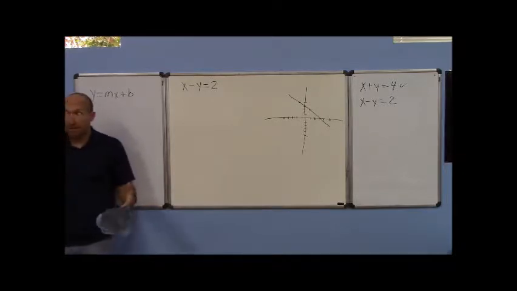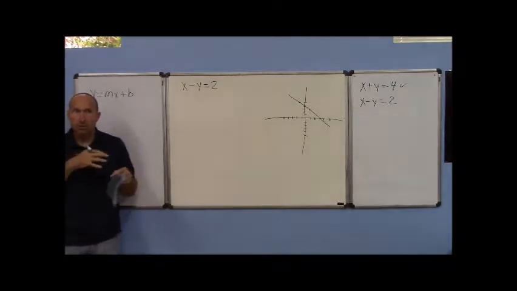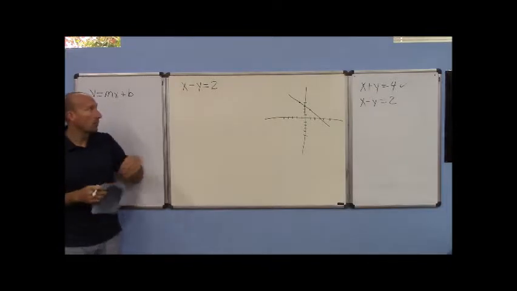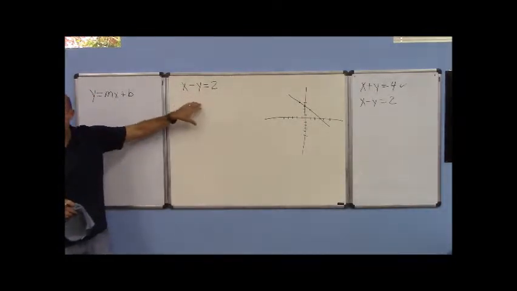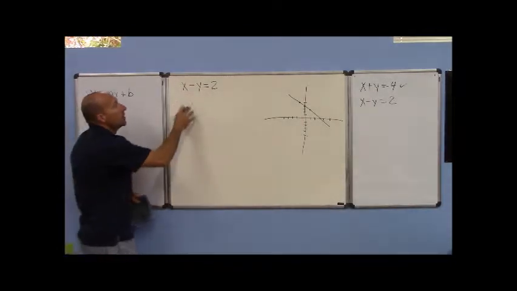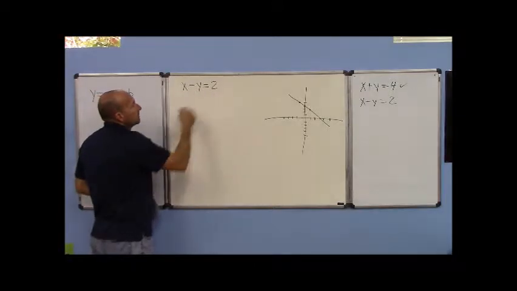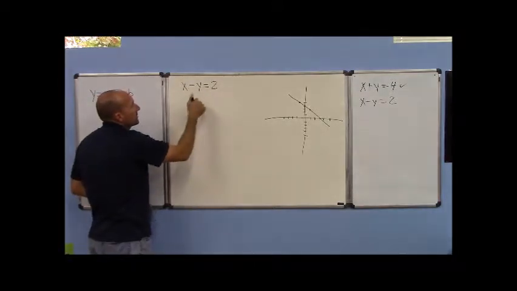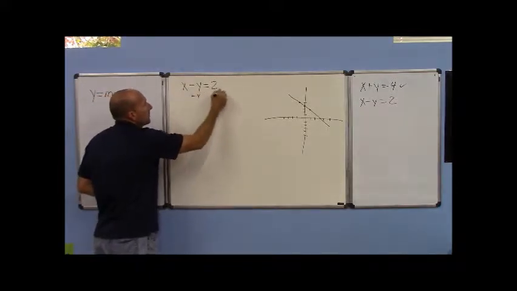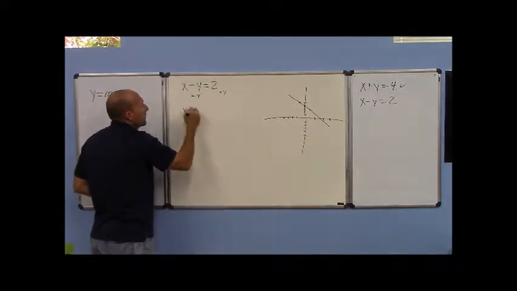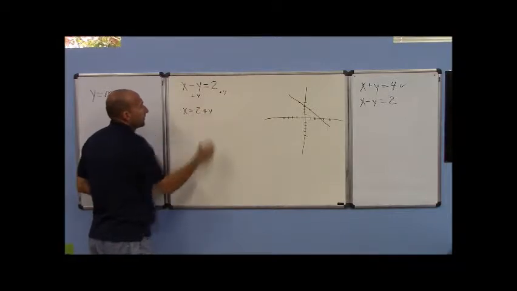It doesn't have to be, but it's going to cause less problems if y is positive starting off. So let's move y over to this side. Adding y to both sides, so x equals 2 plus y.